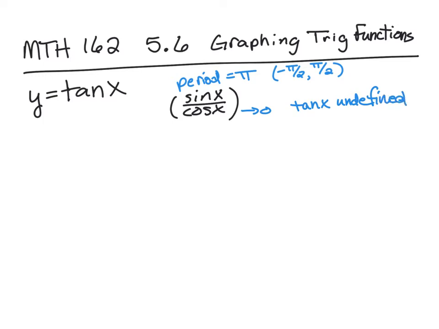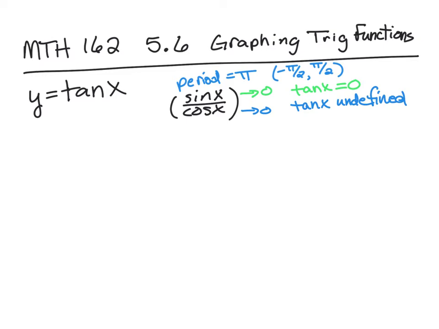Can't divide by 0, right? And where the sine is 0, the cosine will be plus or minus 1, but the tangent will equal 0, because 0 divided by anything is still 0, but anything divided by 0 is undefined.